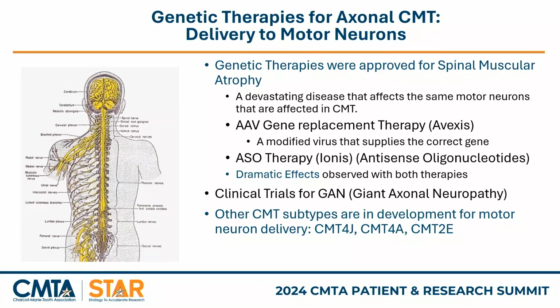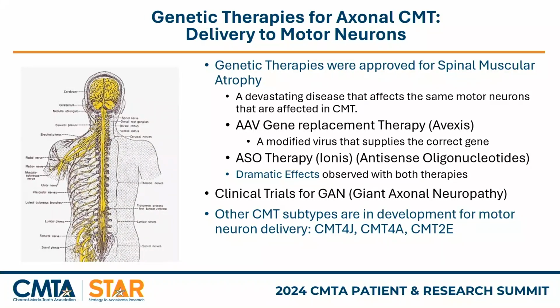Now, we always wanted to follow this template, and we're actively working towards that. We have actually already had clinical trials for AAV in CMT, in a type of CMT known as GAN, giant axonal neuropathy. This was a study conducted at NIH. So those are things that have already occurred.